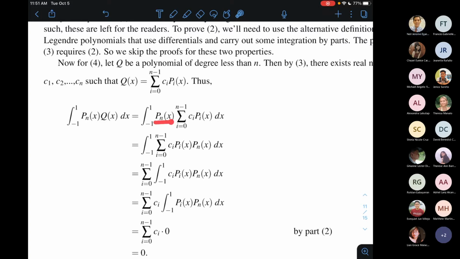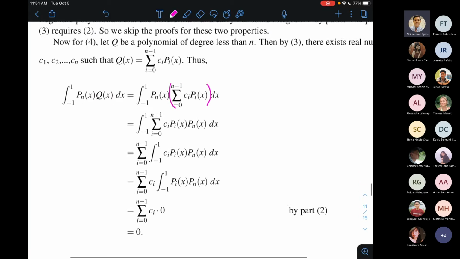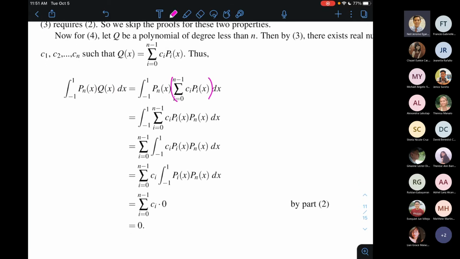Well, copy over Pn. Pero sabi nga natin si q ay may expansion in terms of the Legendre polynomials. So si q was replaced by the linear combination. Probably it would be better if we put a parenthesis here and closing the entire sum. Okay. Tapos, anong ginawa niya?